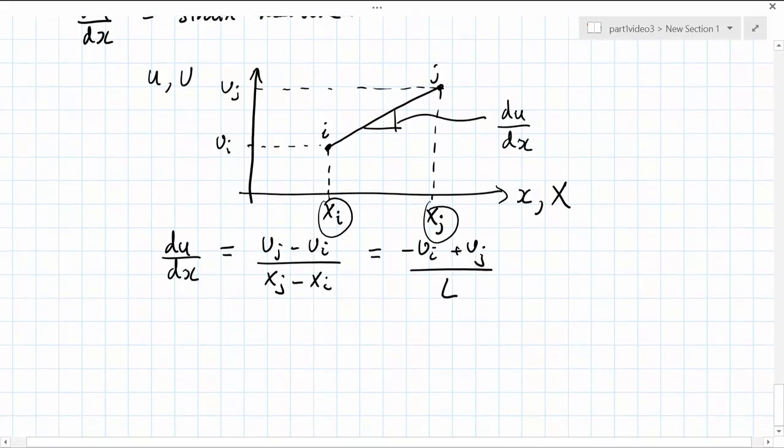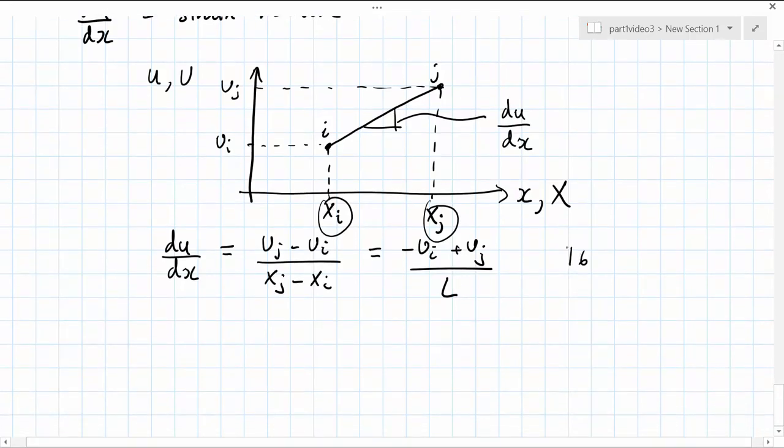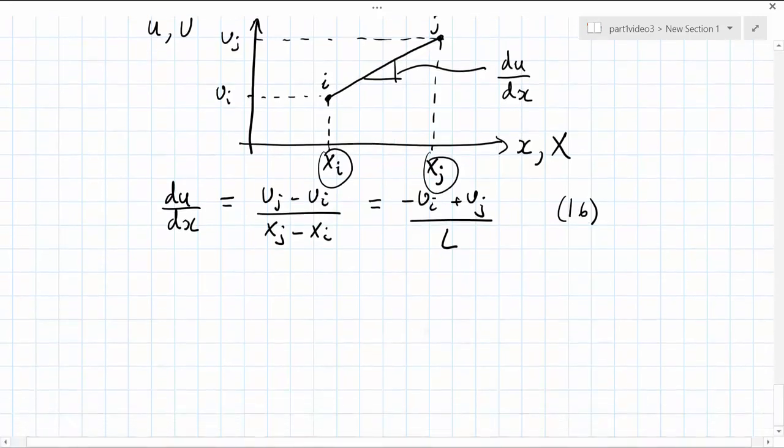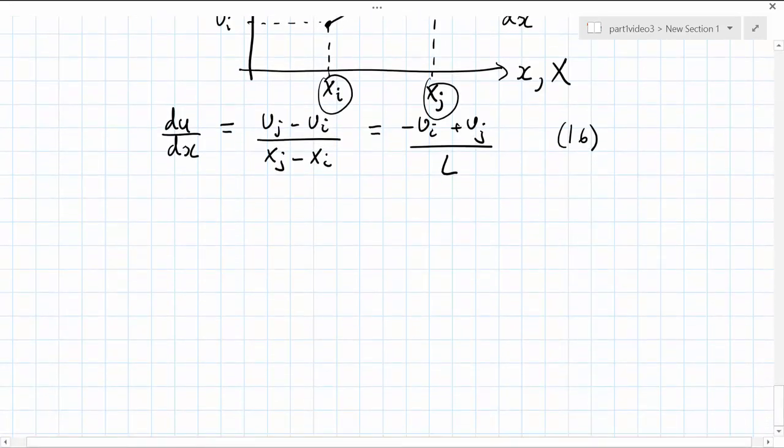As the value shown in this equation, equation 16, is constant, noting that it does not contain a lowercase x, it can be placed outside of the integrals in equation 13. If we now rewrite equation 13, substituting in for what our new value of du by dx is, we get the following expression.